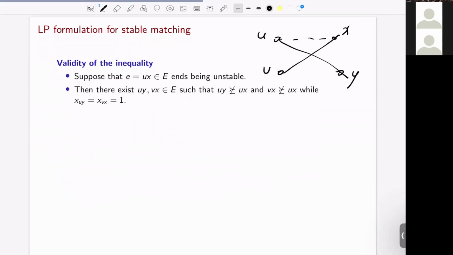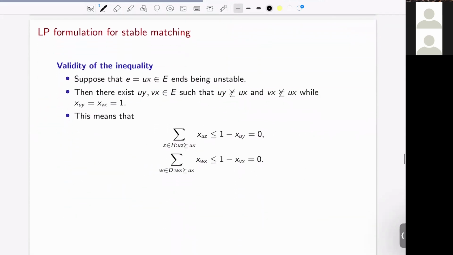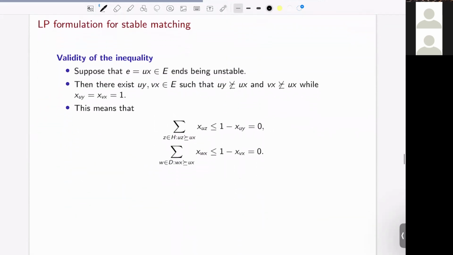Then x_UY and x_VX are 1. But UX is not present in your matching. Okay, let me write it down, UX and VY.